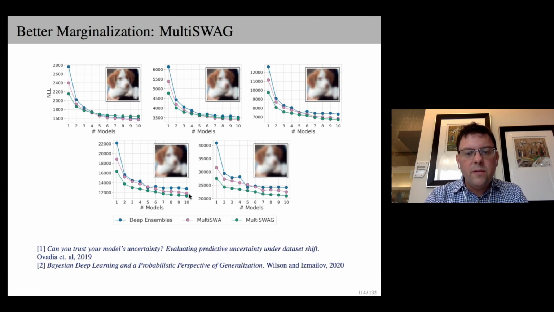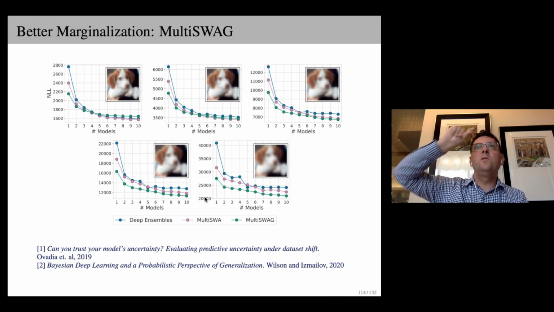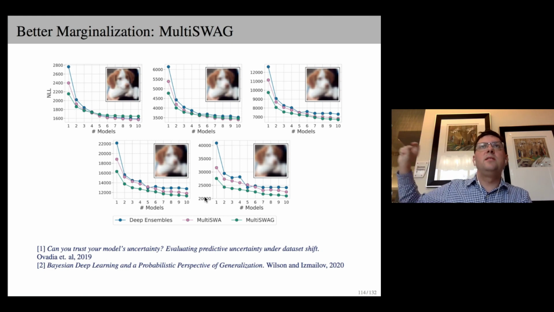In purple here, we have an additional model, multi-SWA, which takes the means of the different Gaussian components in multi-swag, and those will be in flatter regions of those different basins of attraction than, say, SGD solutions.